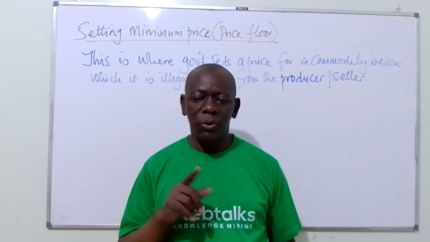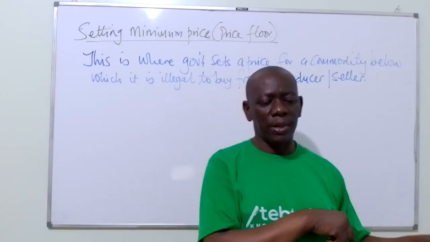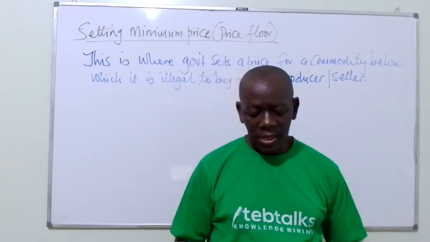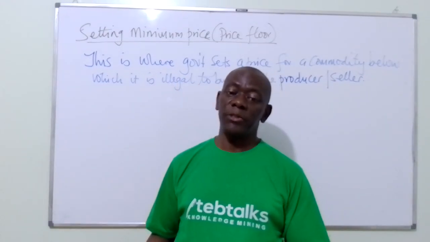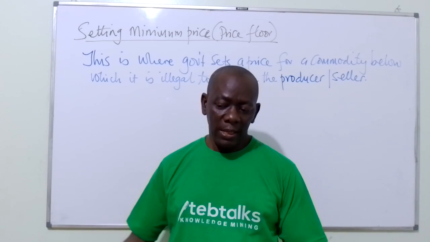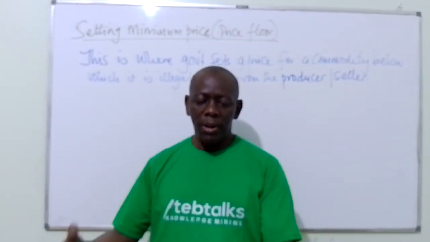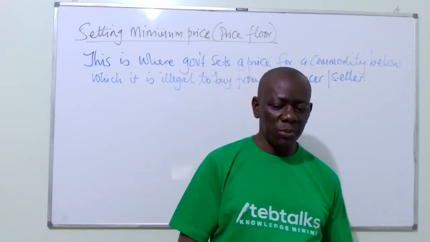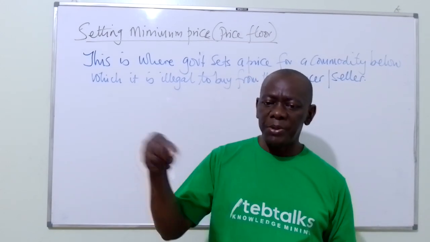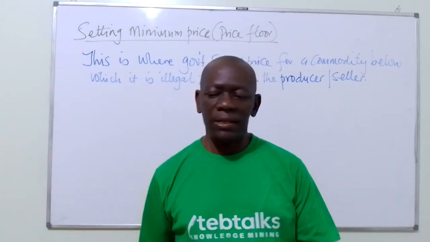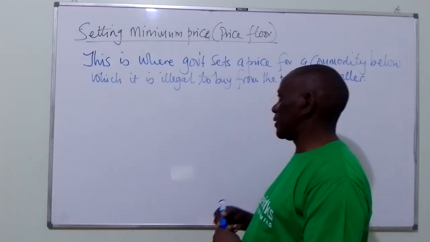On the other side, we are saying the producer, seller is not supposed to sell to the consumer above that price. Here we are saying this is a producer, mainly of agricultural commodities, but even in others. If I'm the producer, I'm the manufacturer, you want to buy from me to take to the consumer, you are not supposed to give me a price which is below the set price. And the set price is the minimum price.